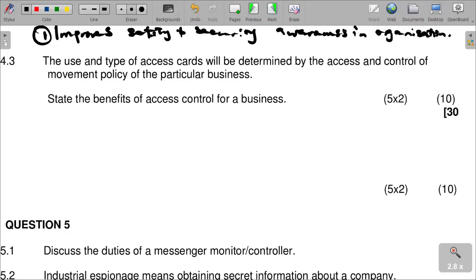It improves safety and security awareness within the organization. Also, we can talk about how it controls physical access. It helps to control physical access.